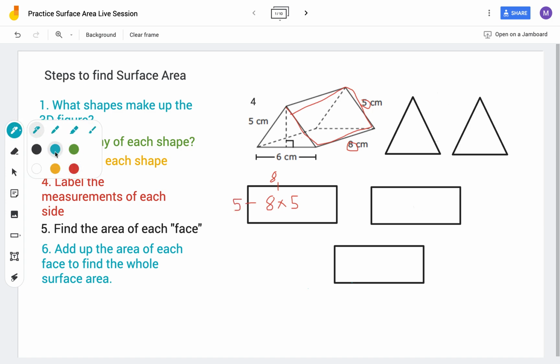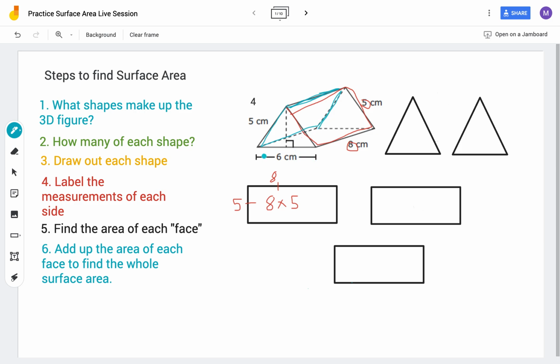Now I'm going to switch colors. I realize you don't always have that option if you're writing things down at home, but if you do, it helps me. Next we're going to talk about the shape that lines up right here, down and across. This is our rectangle number 2.